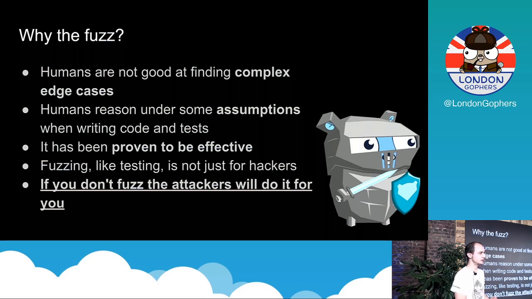So when people ask me, do you do integration testing or unit testing or fuzz testing, for me they're on the same plane, but apparently it's not for everyone. And I have to break you some news. If you don't fuzz, your attackers will. So this is weird to me when people say that. Think if someone ever said, yeah, you know, unit testing is just for hackers. Why would you do that?